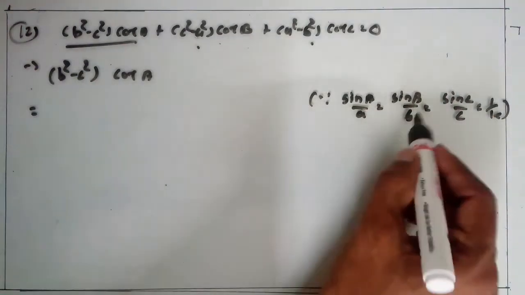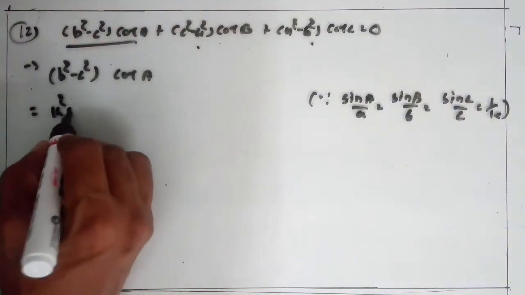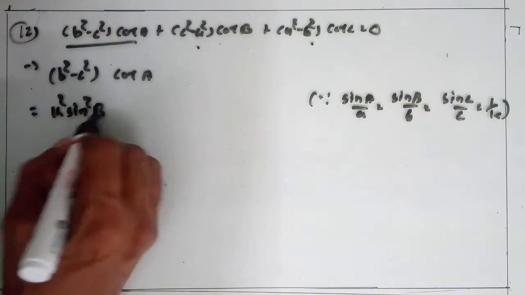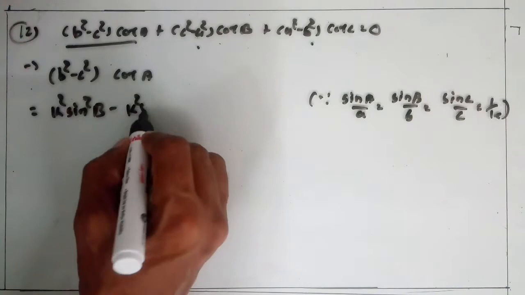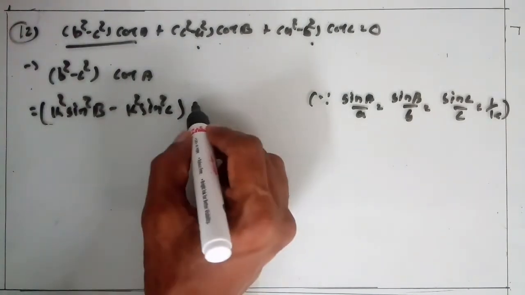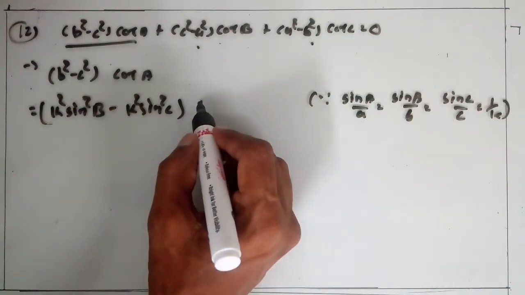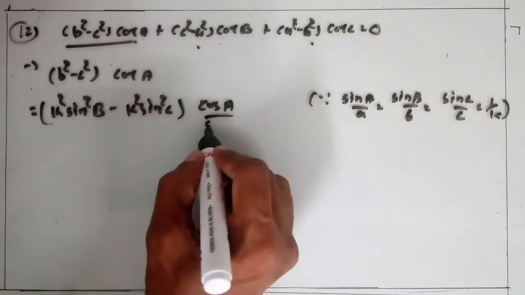So b² = k² sin² B, and c² = k² sin² C. Clear? Into cot A. Cot A is equal to cos A upon sin A.